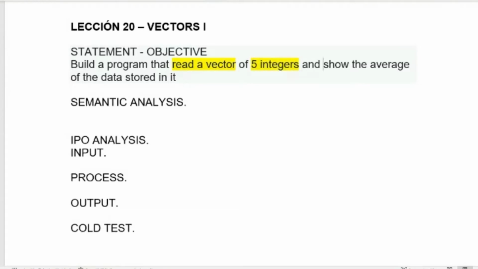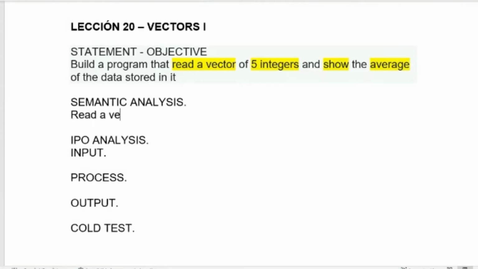Show. What does show mean in the computer programming world? And average. Okay? So let's see.